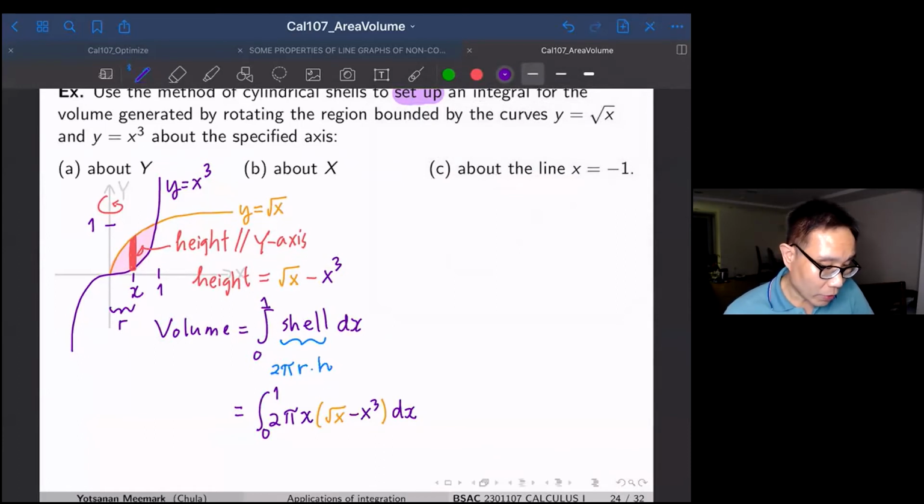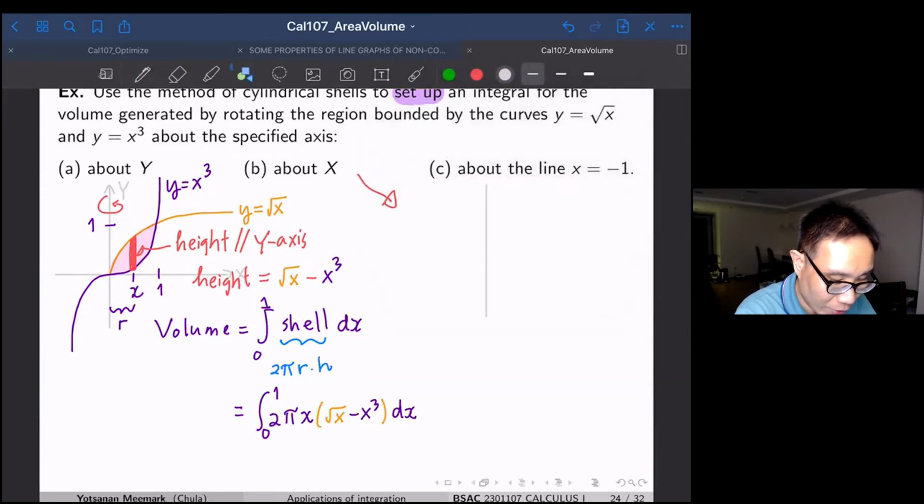Okay, so for the second one, we're gonna rotate this region about the x-axis. So let me draw the same picture again. Okay, so this one is for A. I'm gonna do B here.